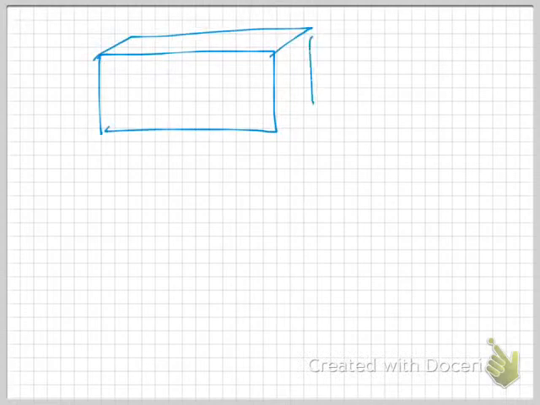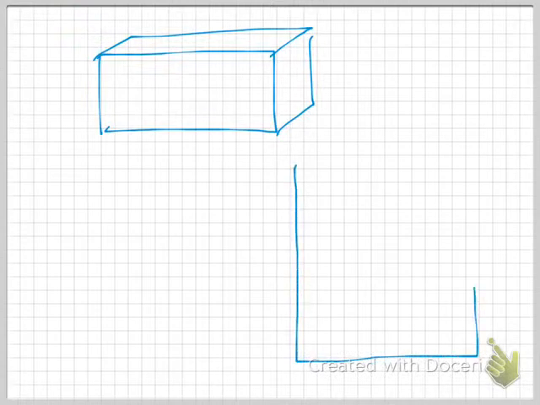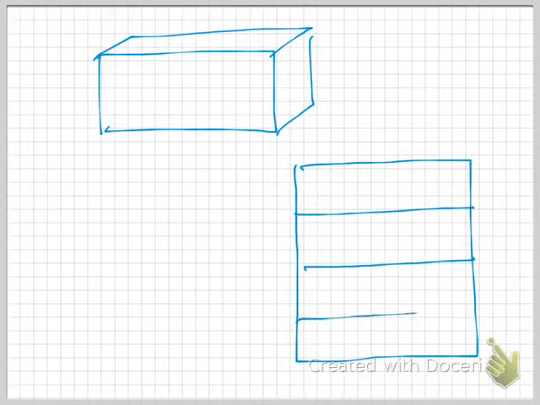I'll show you another one, a much better drawing of that. So here's my object. We'll do a nice, long, skinny box. This net would look something like this, for real. You see what I'm talking about?